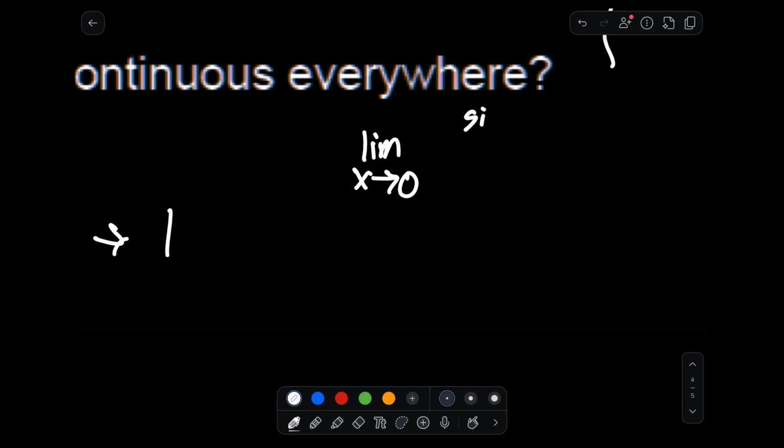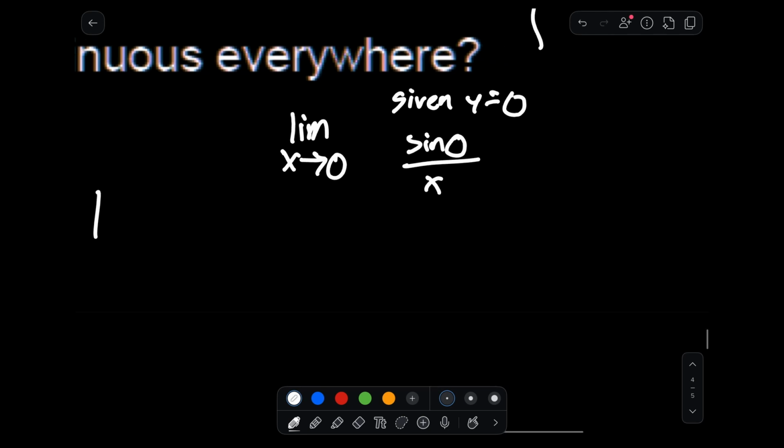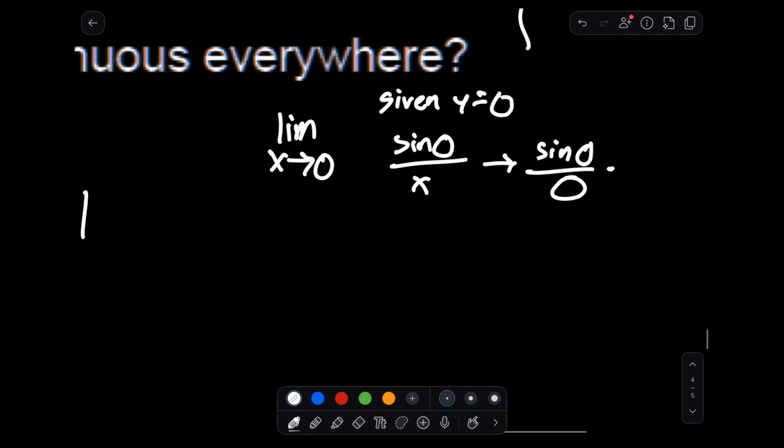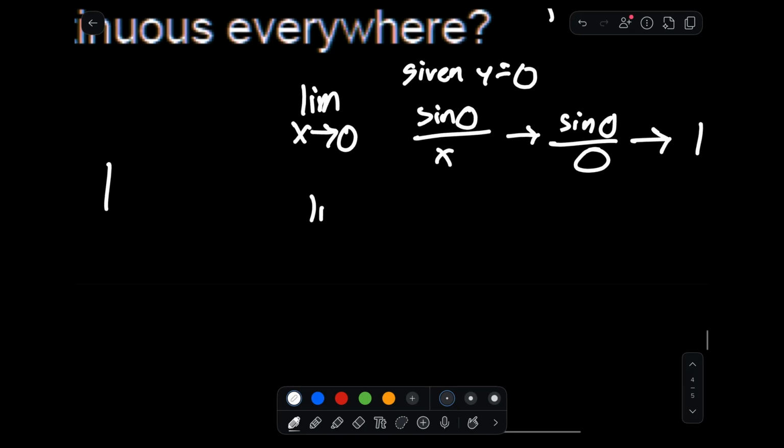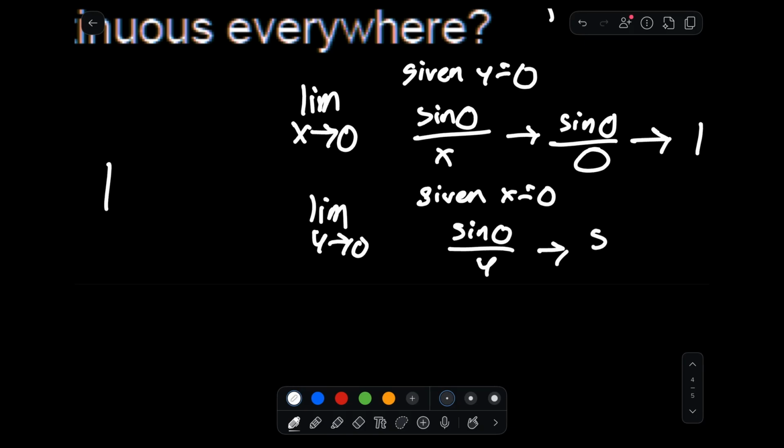So like we can say, for example, limit as x approaches 0, given y equals 0, sine of x over x, this is just going to become sine of 0 over 0, which is just 1. Same thing with the limit as y approaches 0, given x equals 0, sine of y over y, equals 1.